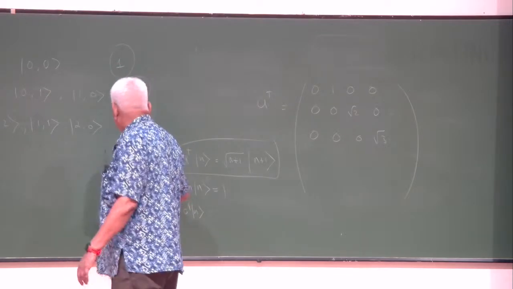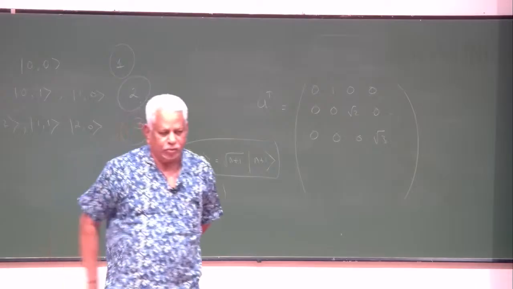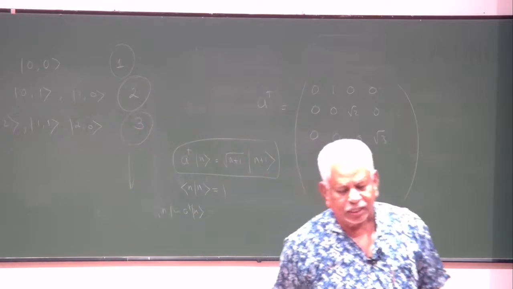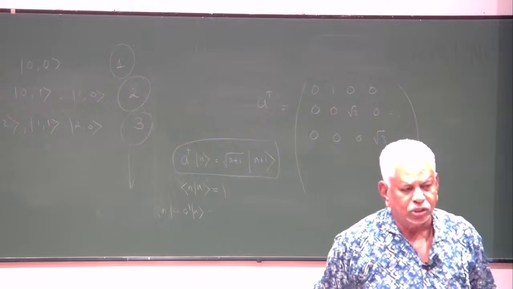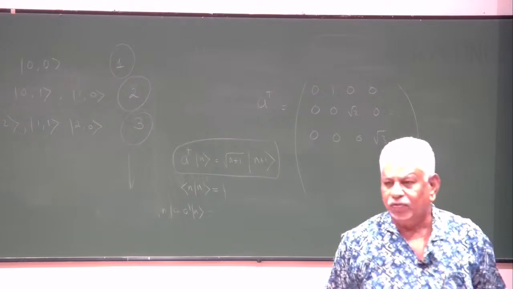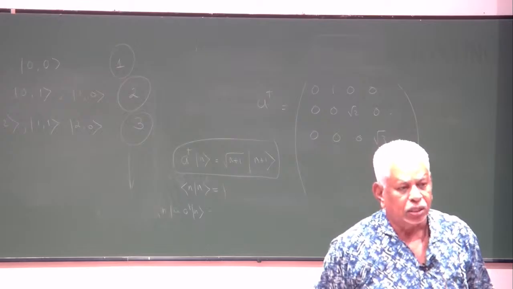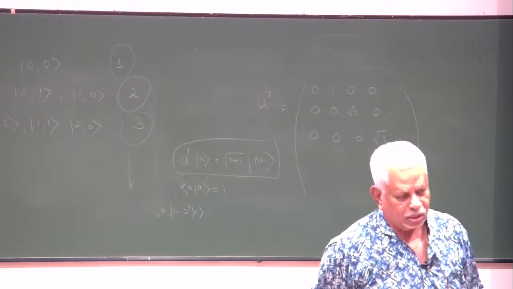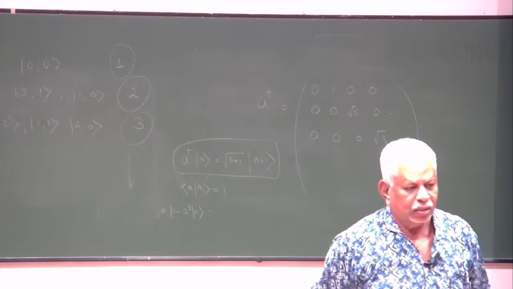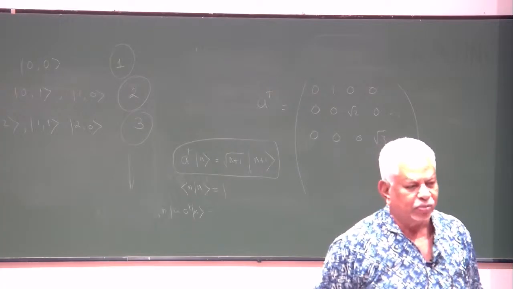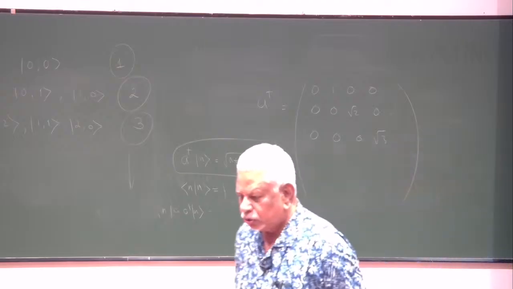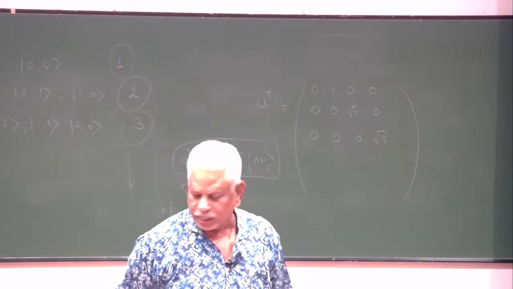So this is the way the whole thing is going. What I am going to start is angular momentum. Have you heard of angular momentum? R cross P. The angular momentum value is specified by a number j, which can be 0, 1, 2, 3, 4, any number.